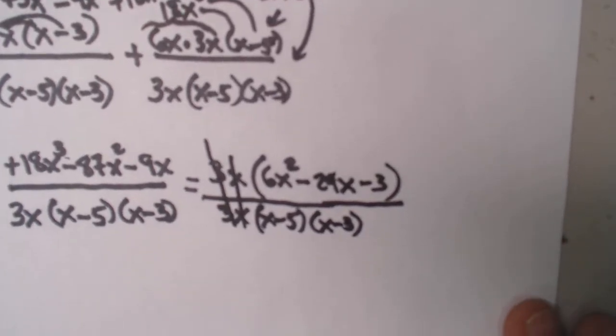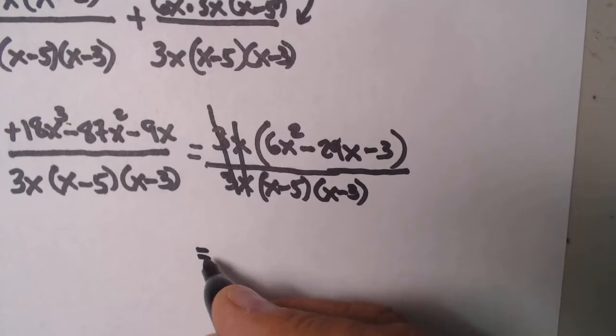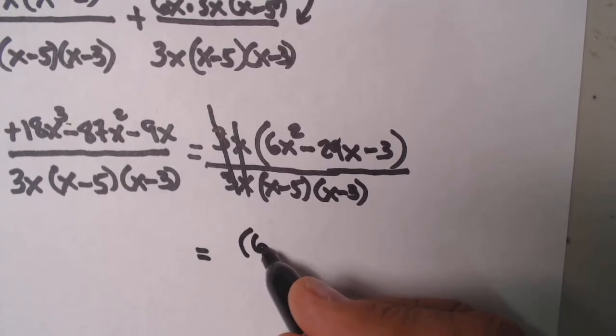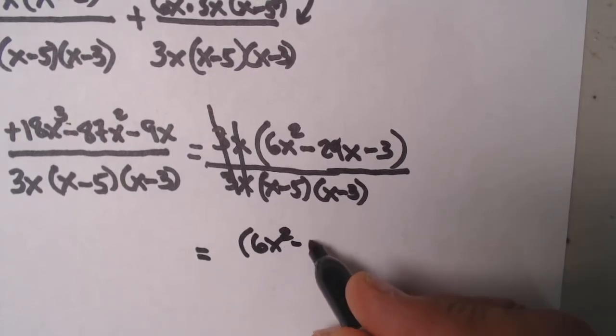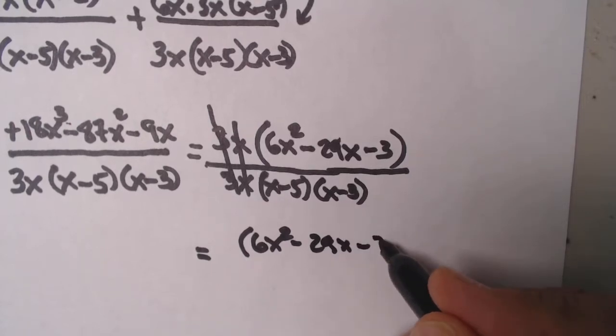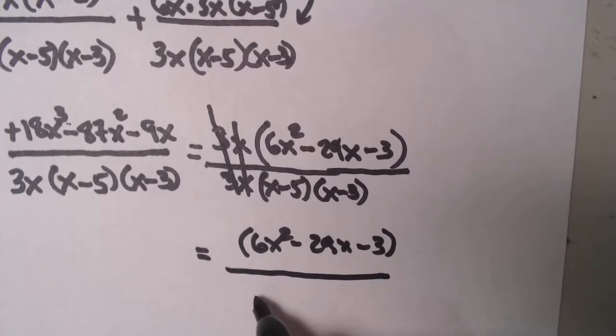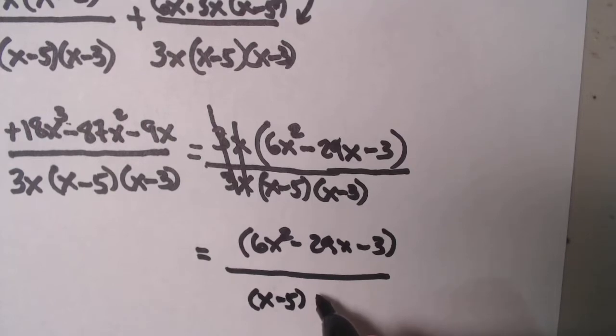So for the final answer on this one, it equals what we have upstairs here, 6x squared minus 29x minus 3, all over, and I'm going to leave the bottom just factored like this, x minus 5 times x minus 3.